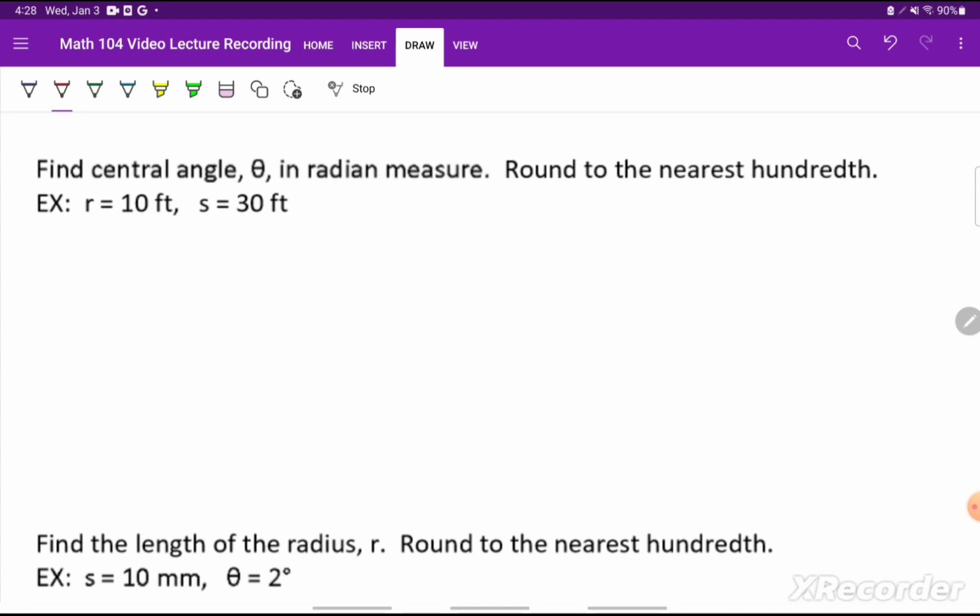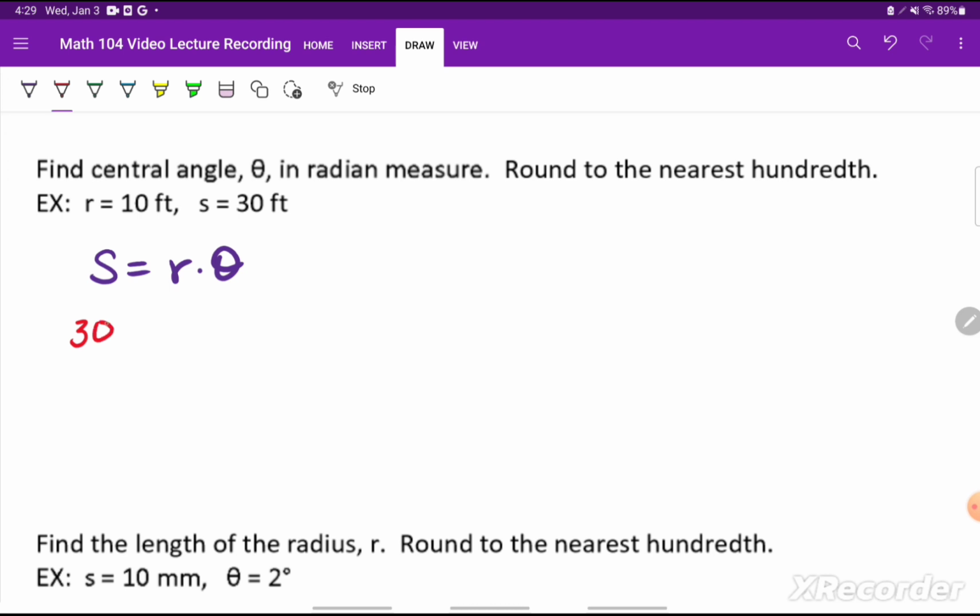In our next example, they've given us the radius and the arc length, and they'd like us to find the central angle theta in radian measure. We'll round to the nearest hundredth if necessary. We're using our arc length formula that says s is equal to r times theta, and I'm just going to plug these values in.